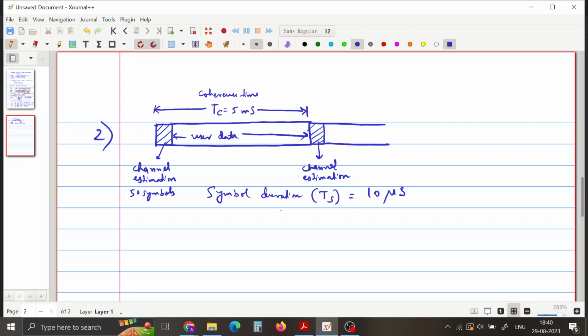Now, one symbol means 10 microseconds, right? That's the symbol duration. So 50 symbols means 500 microseconds, or in other words, 0.5 milliseconds. So this much is your 0.5 milliseconds, and this remaining duration is 4.5 milliseconds.